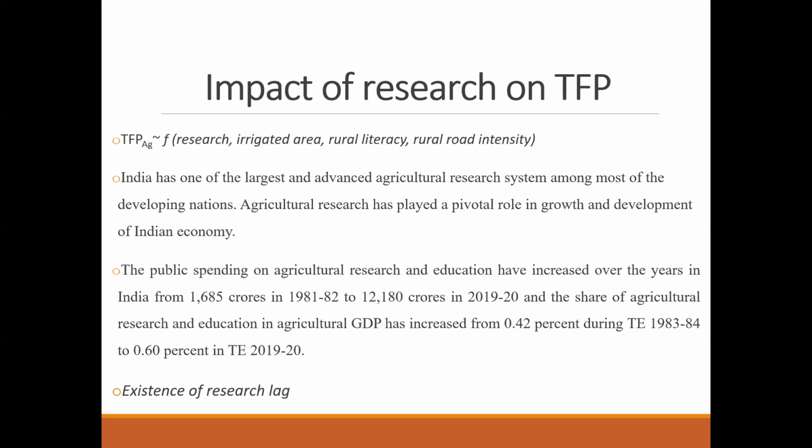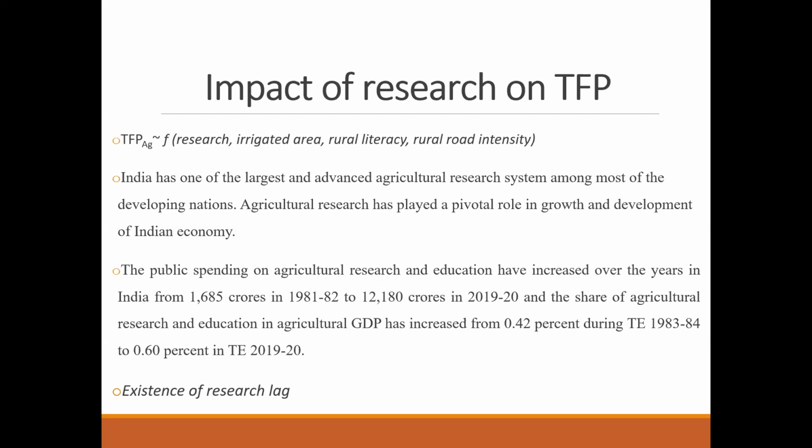When research investment is made, TFP or productivity will not be affected directly, as first there will be research expenditure, then there will be production of a technology or knowledge, and after that it will take some time for adoption at the farm level.